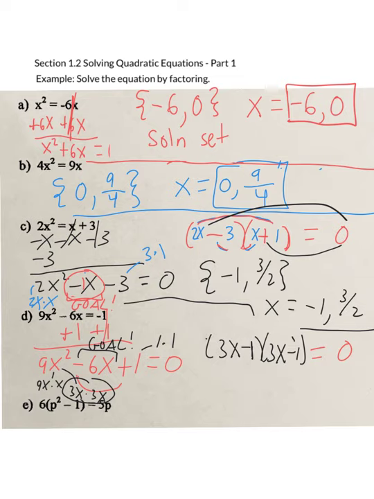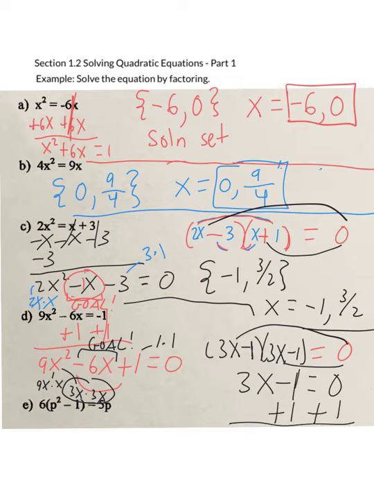So now we set each factor equal to 0, but it's the same exact factor. So you're going to have 3x minus 1 equals 0 twice, which is really going to be the same answer, or one answer. Add the 1 because you leave division for last. So add the 1 to the other side. You have 3x equals 0 plus 1, which is 1.